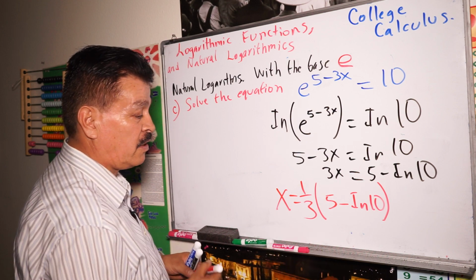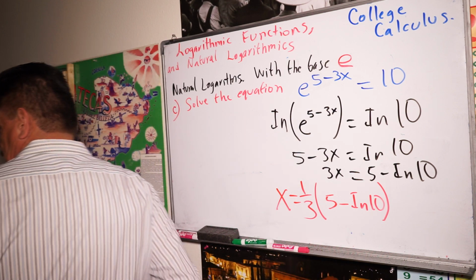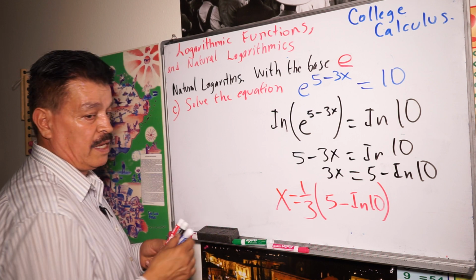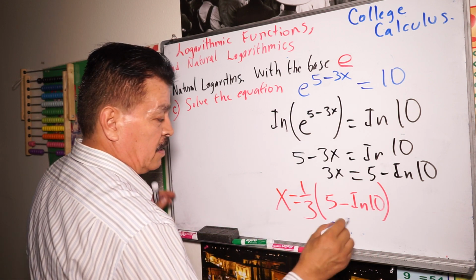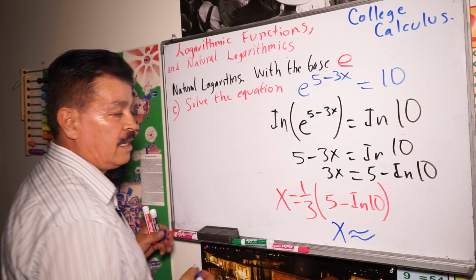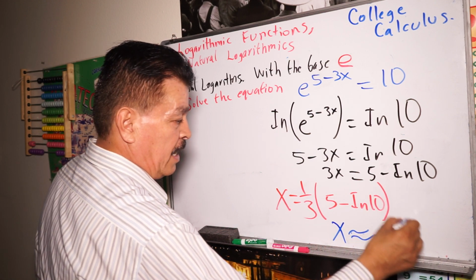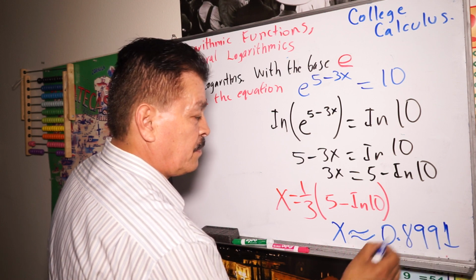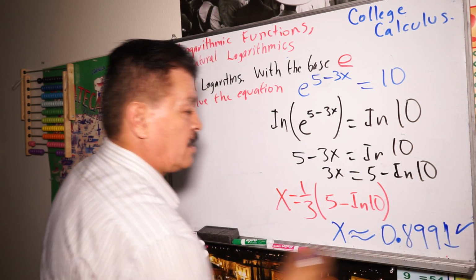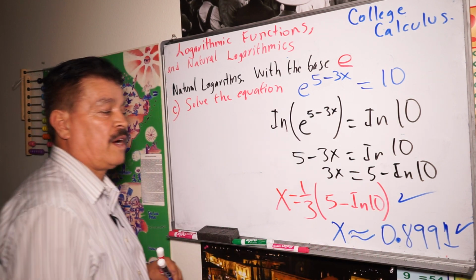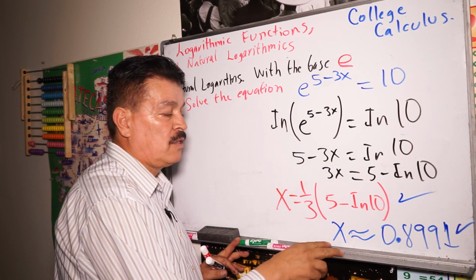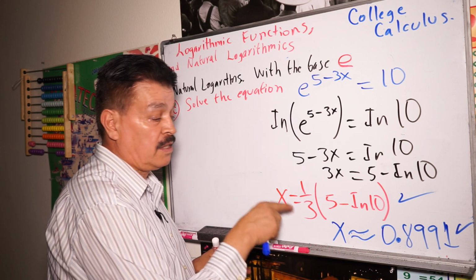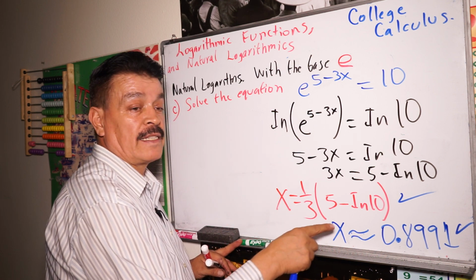It's approximately 0.8991. This is the solution, but we have to find it approximately, using the calculator on your computer or your cell phone, which has these scientific functions.